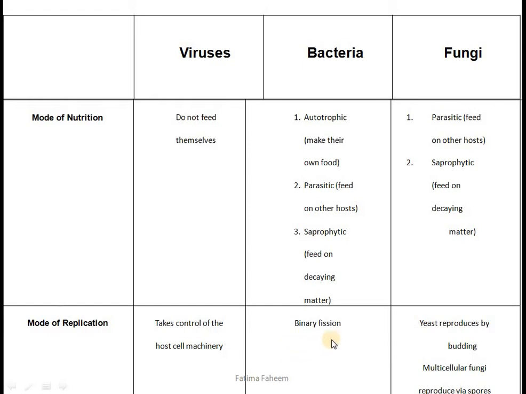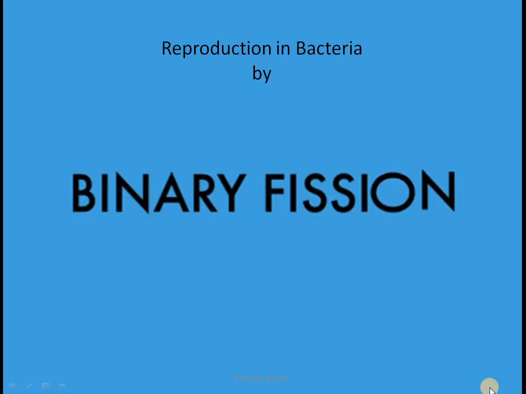Bacteria, on the other hand, reproduce by asexual reproduction, which is binary fission. Fungus reproduce by budding. This budding is seen in yeast. And in some multicellular fungus, reproduction is via spore production.